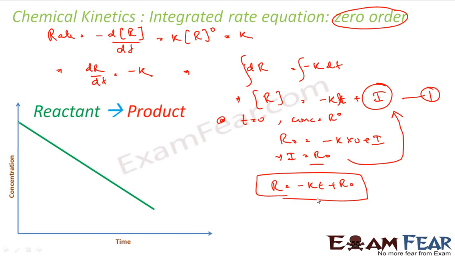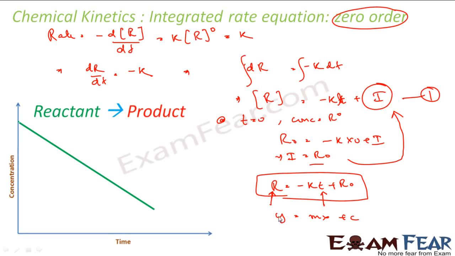If you see this equation, [R] is my concentration at any given point of time. It's a variable. Time is my variable. k is constant, [R]0 is constant. [R]0 is the initial concentration. This is almost similar to y is equal to mx plus c.